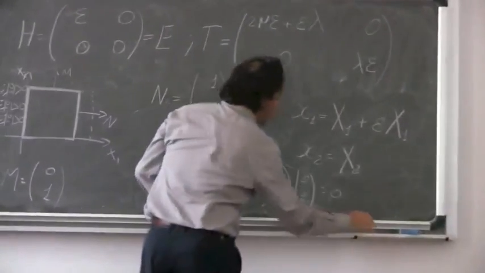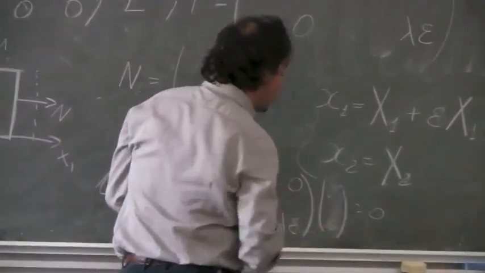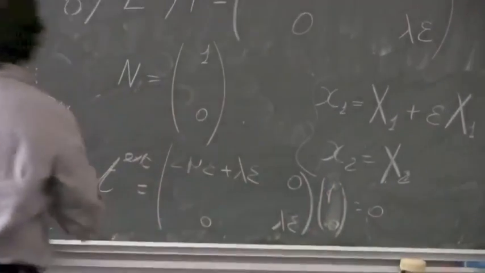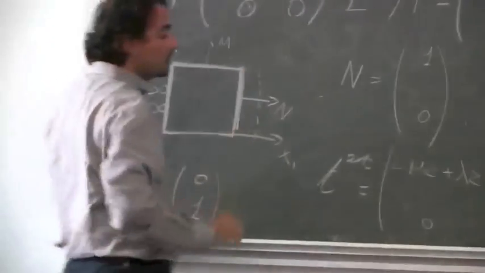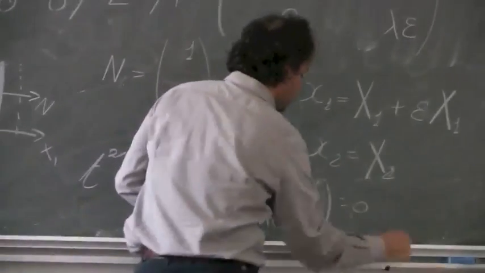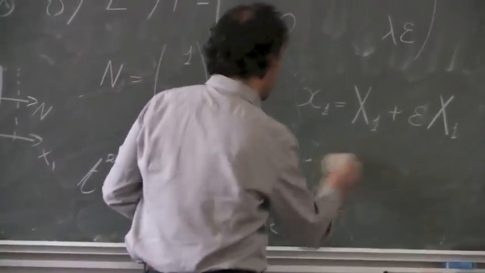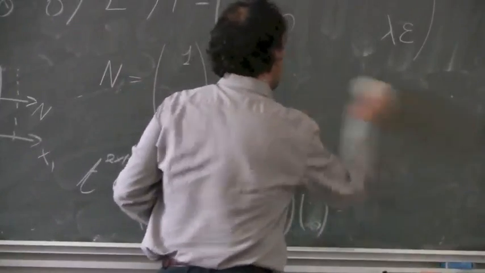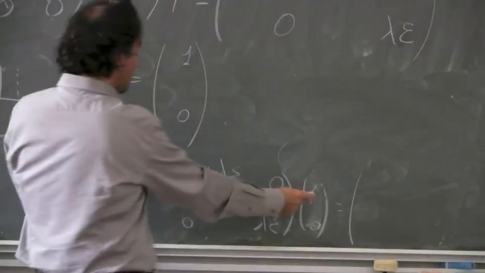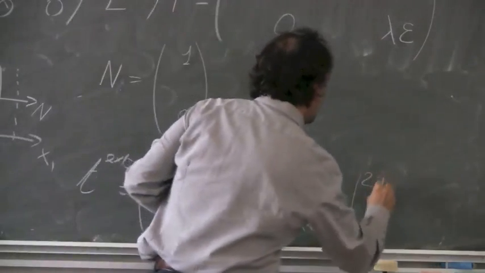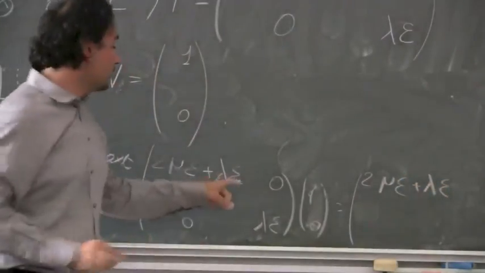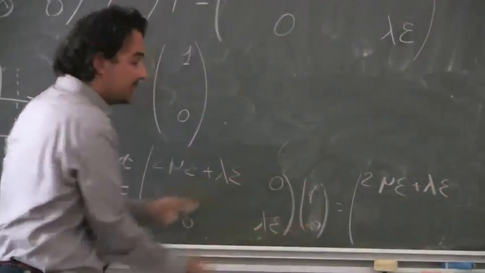That means that when I have 1, 0, in this part there is no problem because in the first component I have 2 mu epsilon plus lambda epsilon multiplied by 1 plus 0 multiplied by 0.